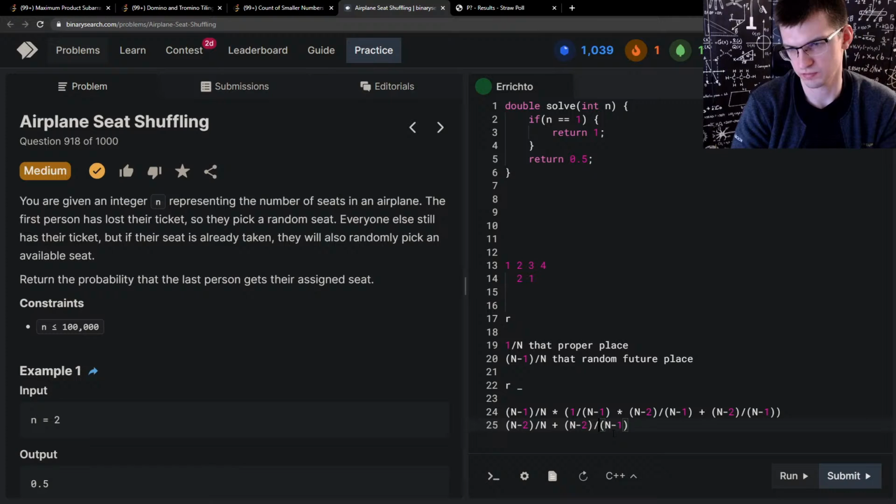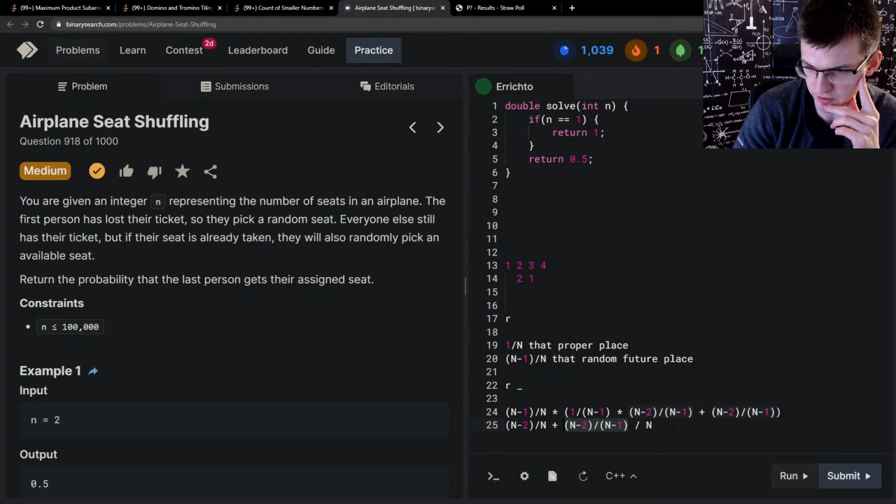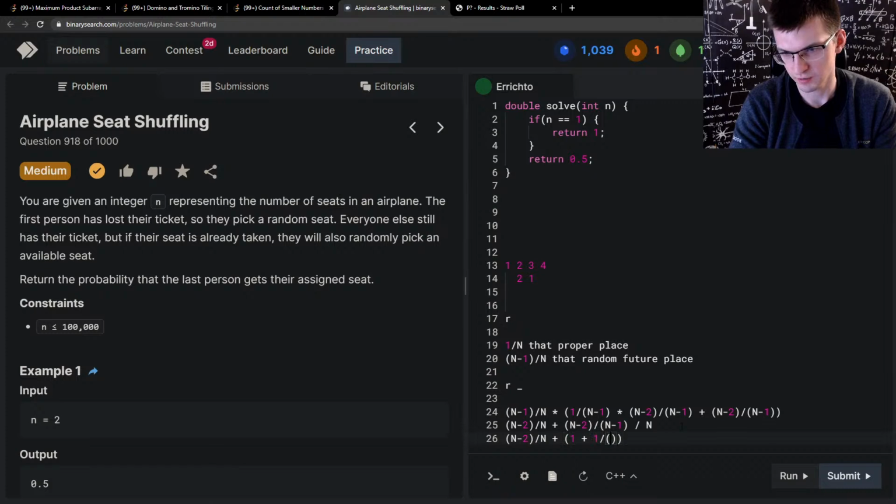Oh, so this can be expressed in a bit different way, right? This is equal to n minus 2 over n plus 1 times 1 divided by this.